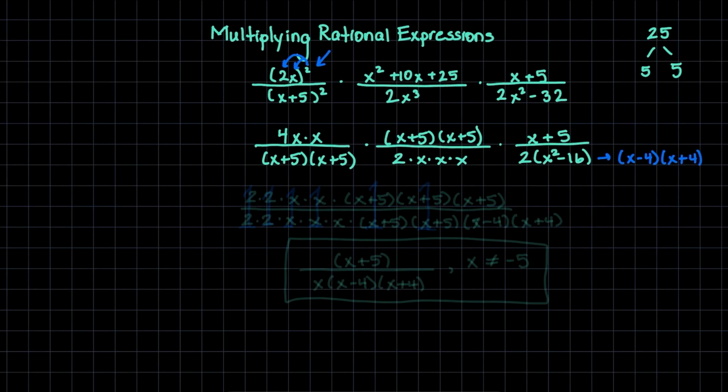So we have 4 times x times x. I'm going to change the 4 to a 2 times 2, so it's completely factored.